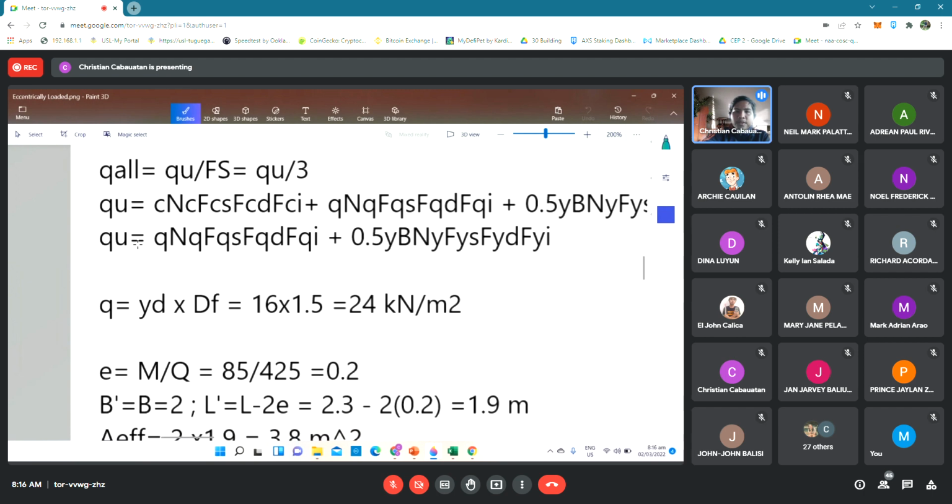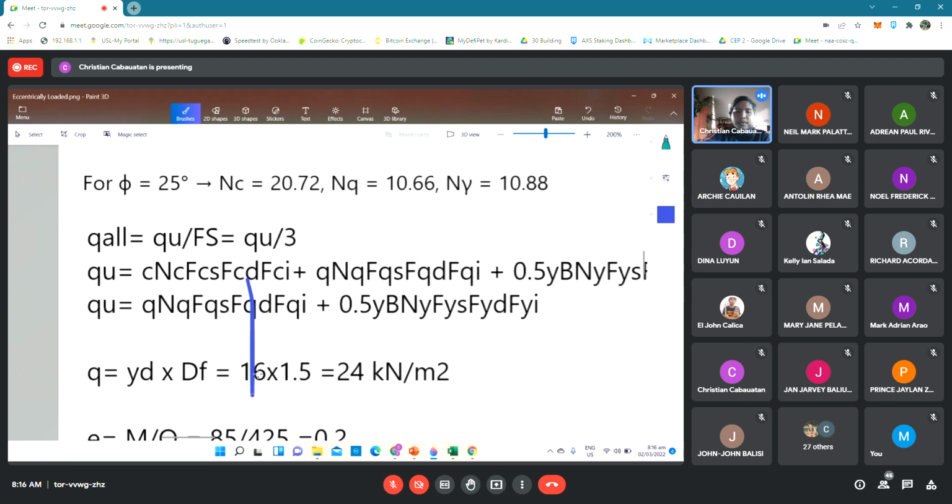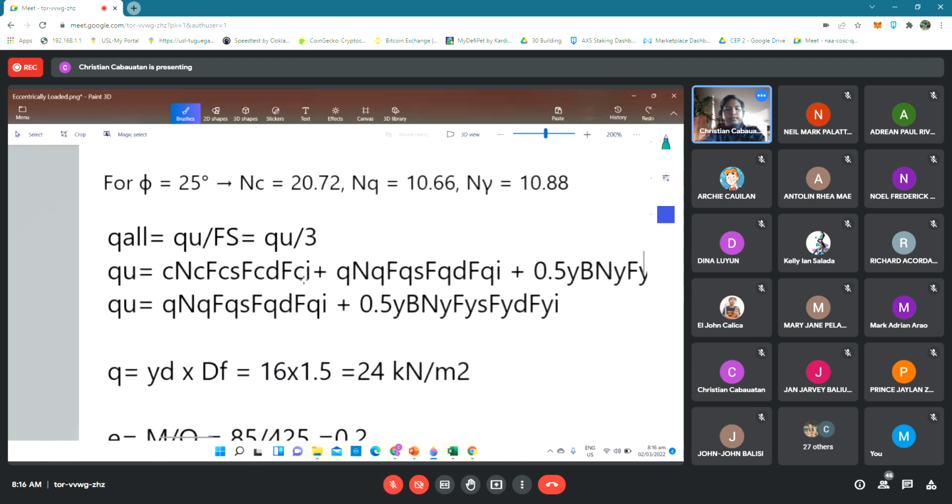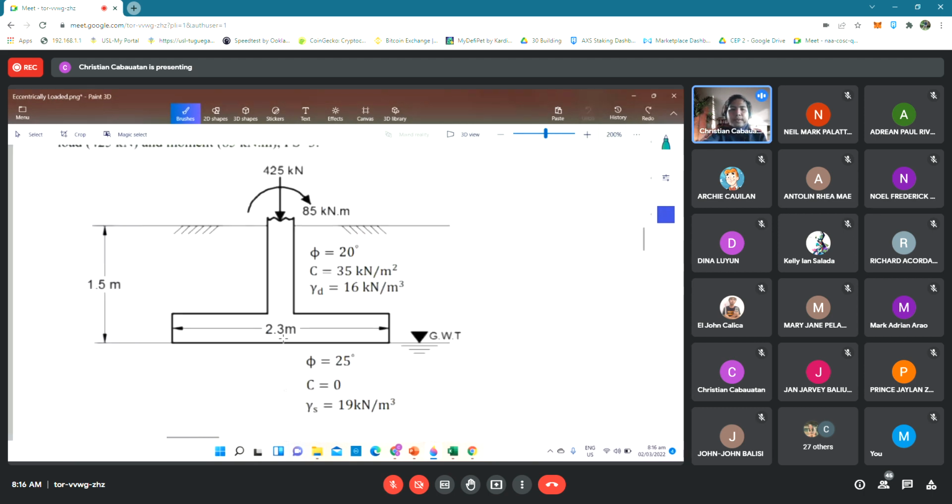Question: Sir, why did we use that? As you can see in our problem, 2.3 is the length.